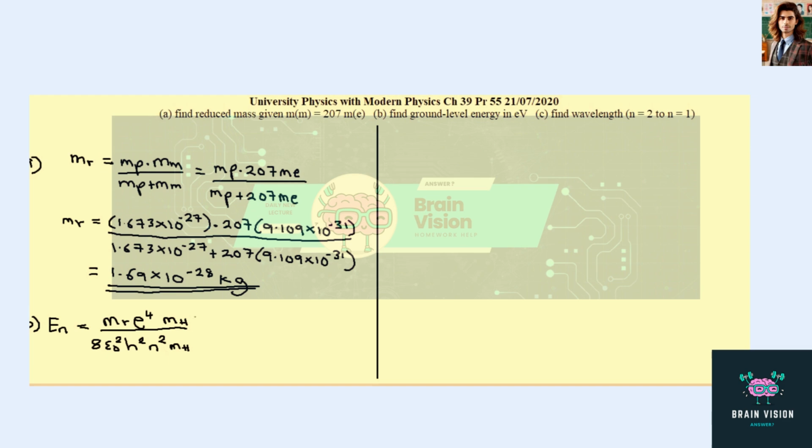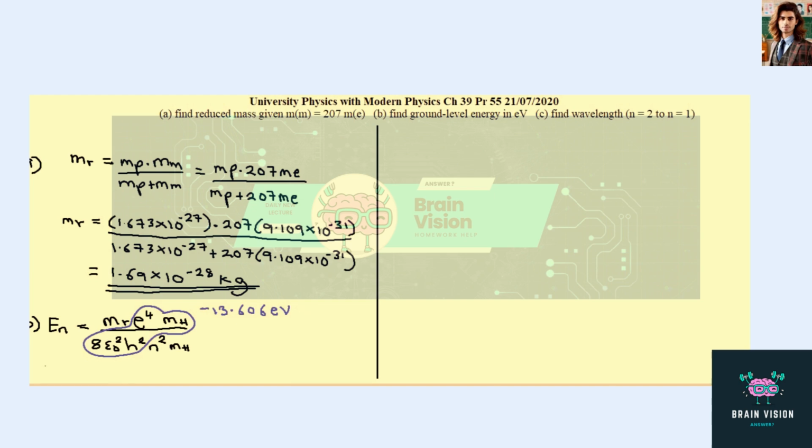And then it is now easier to see that this quantity here is simply the ground state energy of the hydrogen atom, which is equal to negative 13.606 electron volts.